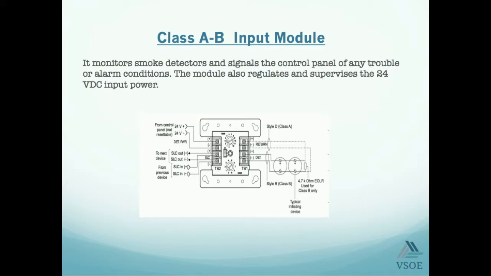It will also allow an input from a select line circuits, and the Class AB input module may be configured in a Class A wiring format or a Class B wiring format. Such monitor a smoke initiating device.